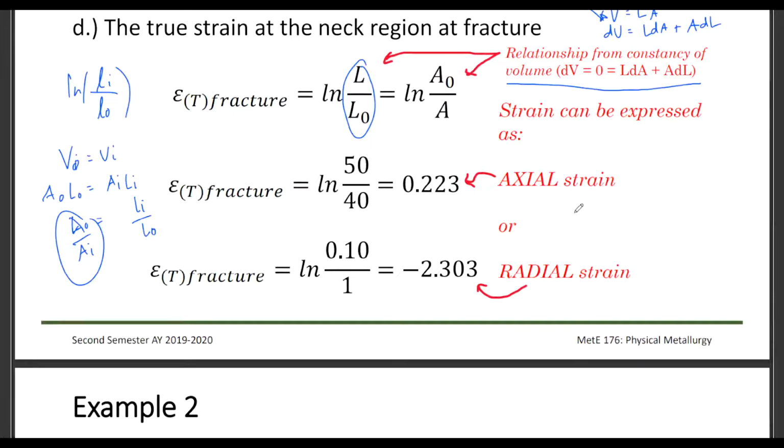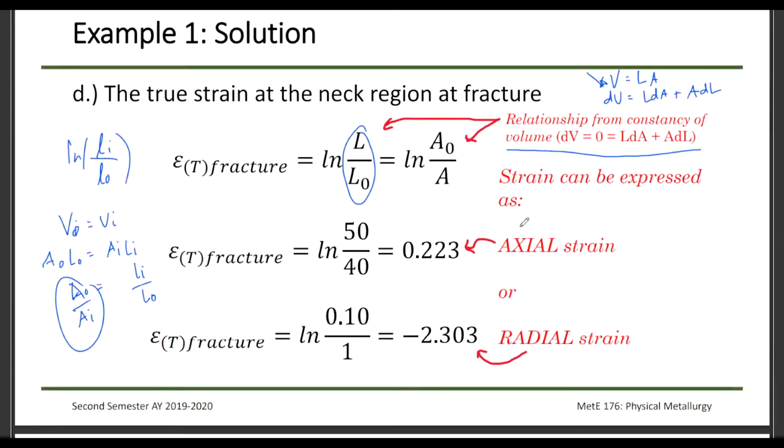Okay, sorry. There are two strains we can measure. We can measure it in terms of axial strain, and also radial strain. If we measure it in axial strain, we use 50/40, the final length over the initial length.